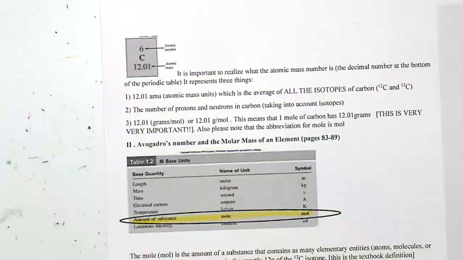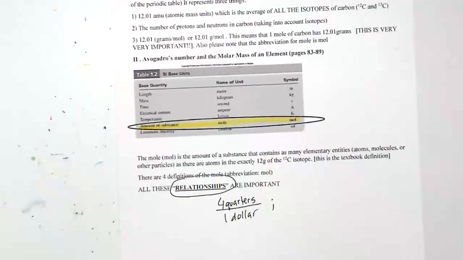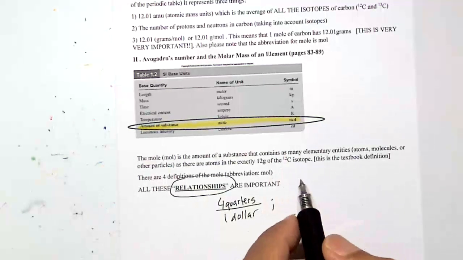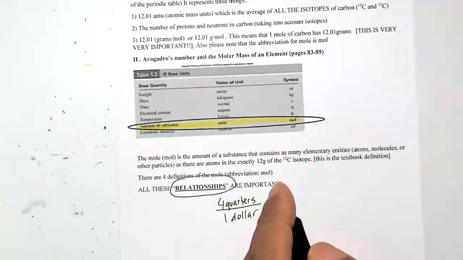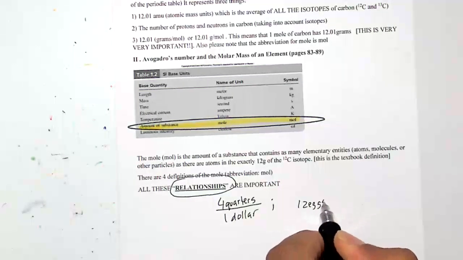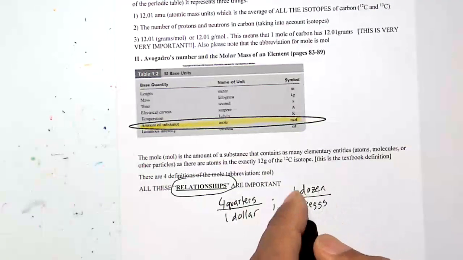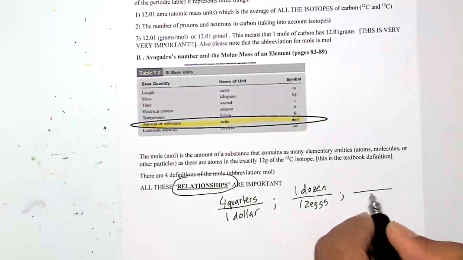You know, 4 quarters is $1. Isn't that $1, 4 quarters? Anything else you can think of? 12 eggs is a dozen. 100 pennies is $1, right?